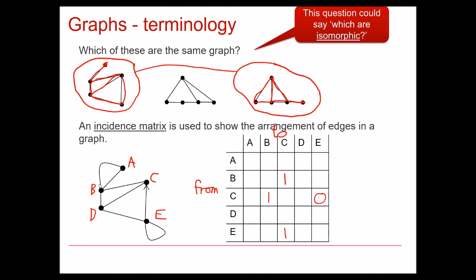Right, now if we look over here, we've got A and B connected by 2. We've got a double arc here, so there are two arcs going from A to B and two arcs going from B to A. So I need to put a 2 in here and another 2 in here. And the one that is potentially confusing here is this one.